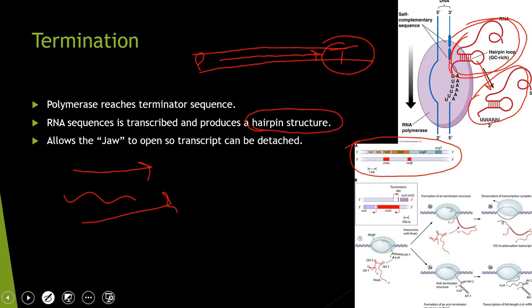Now the RNA polymerase creates a jaw to hold the ribonucleotides, and then RNA can be transcribed into a transcript. Then the jaw opens up because of this hairpin structure, and it goes about its business. And that's it. Very simple.